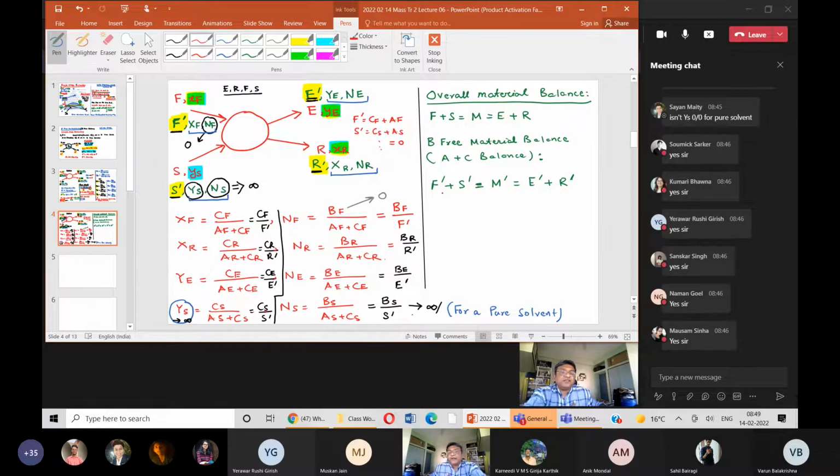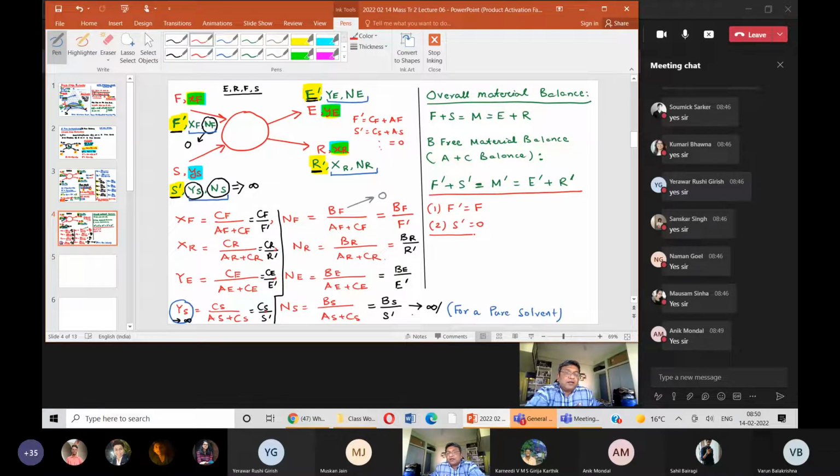Okay, for this balance, let me write down two things. Let me see if the whole class understands. Number one is F dash is equal to F, and number two is S dash is equal to 0. Just refer to the previous slide, and what you get in this case is M dash is equal to F. Check it out if it makes sense to you.